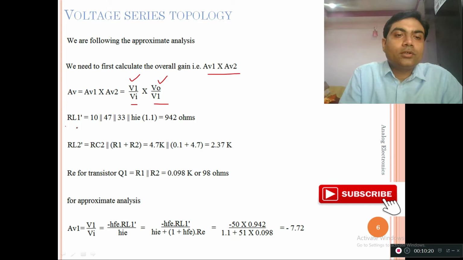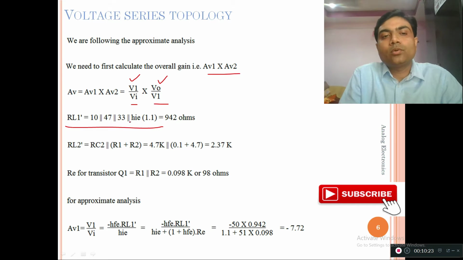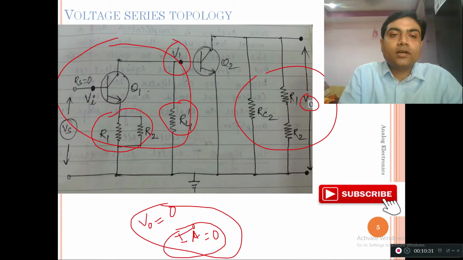And as I already told you, RL1 dash we can calculate by the parallel combination of 10K, 47K, 30K, and one more resistance, that is the input impedance of this particular transistor, that is the HIE.